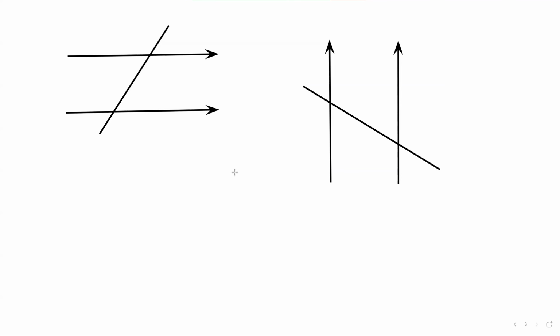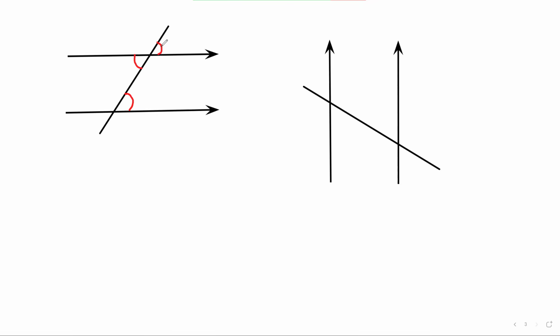All right. So in previous forms, in previous levels, you would have learned about the angles formed between a pair of parallel lines and the transversal. That would be the angles formed here and here. These are called alternate interior angles and they are equal to each other.